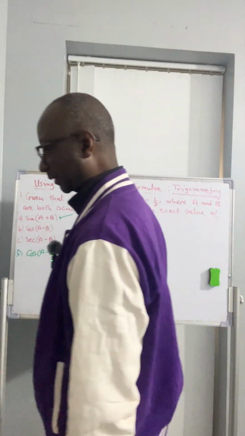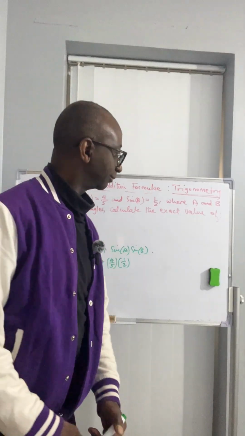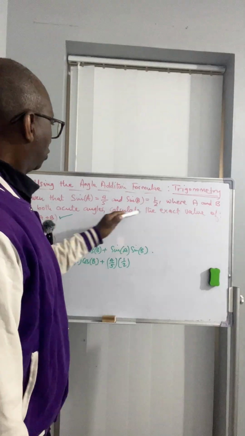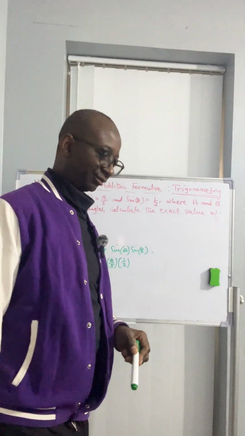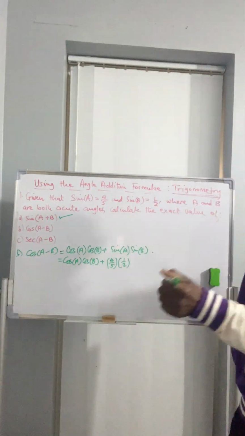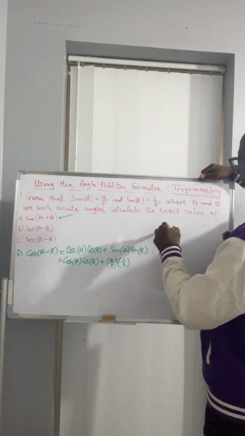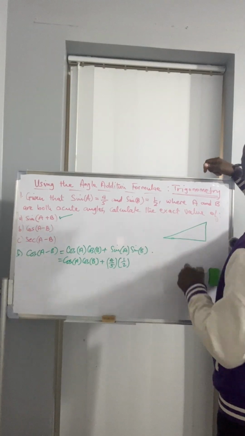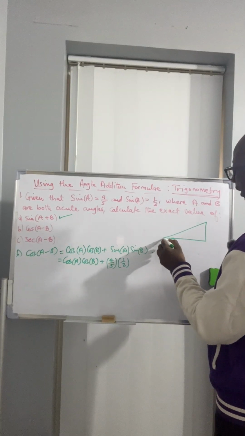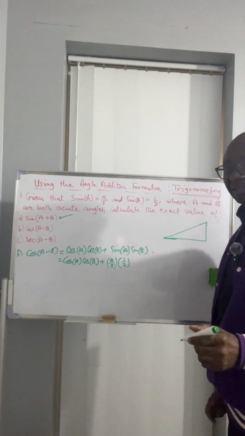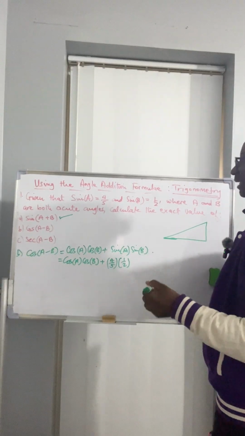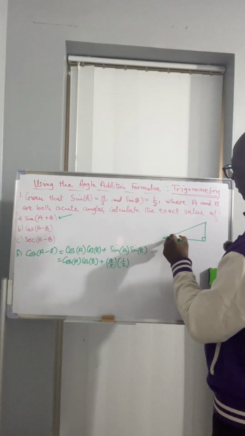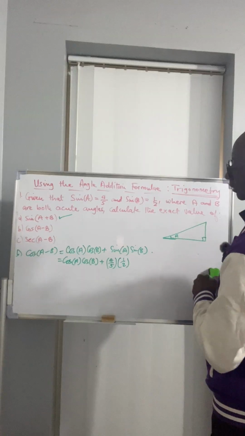To be able to work out the values of cos A and cos B, we need to go back to this problem and understand what acute angles are. If that is the case, I can draw a diagram here. Since we already defined an acute angle to be an angle that is greater than 0 degrees but less than 90 degrees, let that angle here be A for the time being.